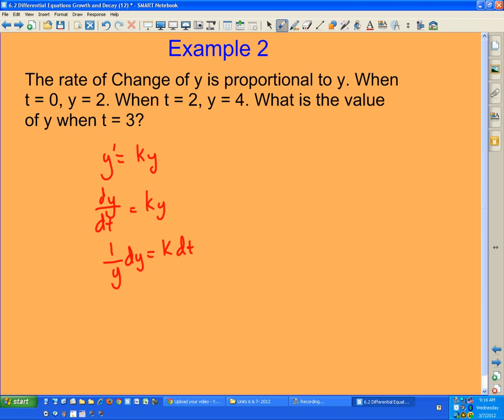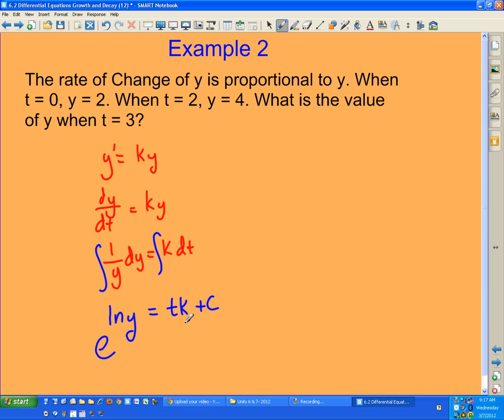Now I will integrate these with respect to y on this side and t on the other. You have to remember that this is the natural log integration, and over here I pick up a t, so it's t times k plus c. Now if I want to remove the natural log to just get y, remember I do a base e.